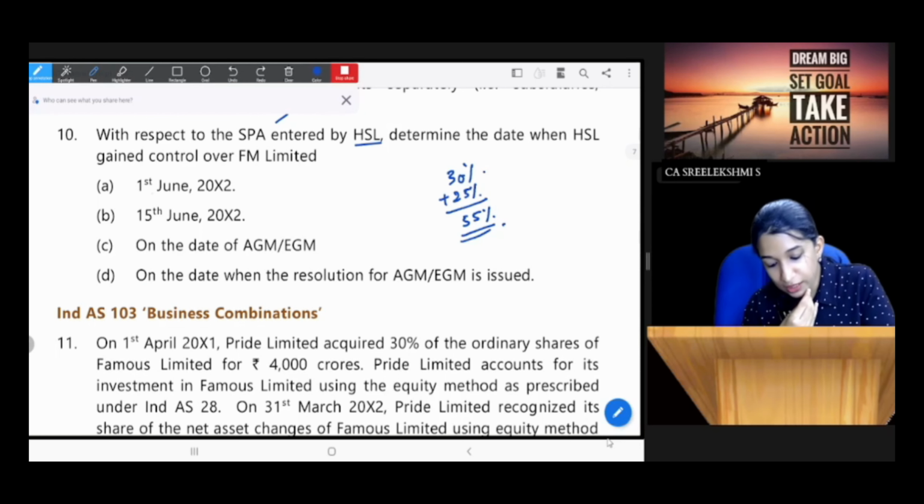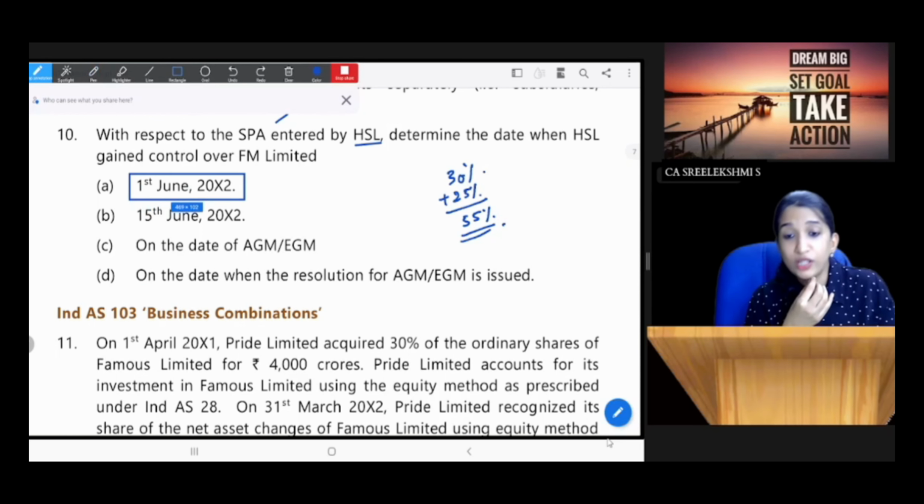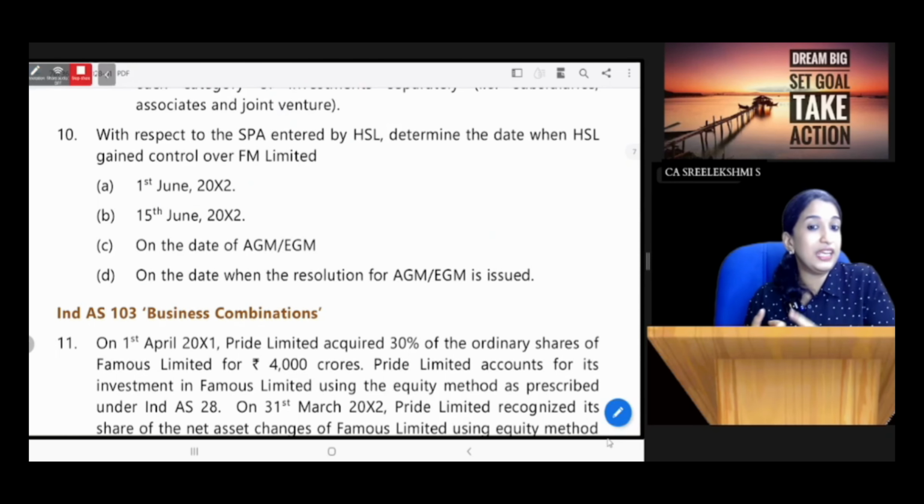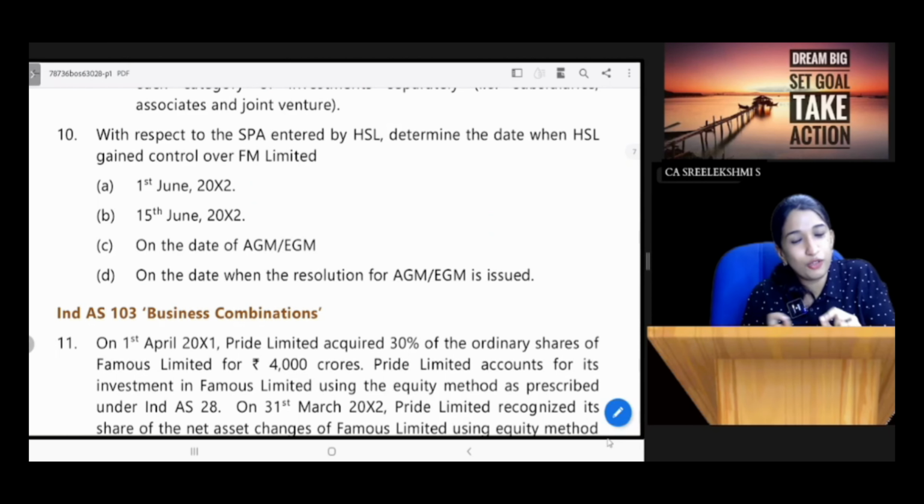1st June itself should be considered, because on that date when you entered into the agreement, you got that power. Normally in the study material question, information such as whether the option is deeply in the money or out of the money will be given, but here nothing is given.